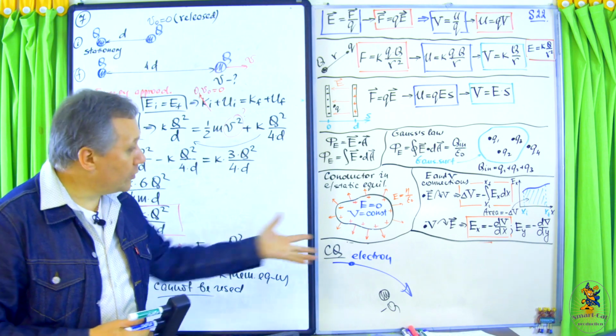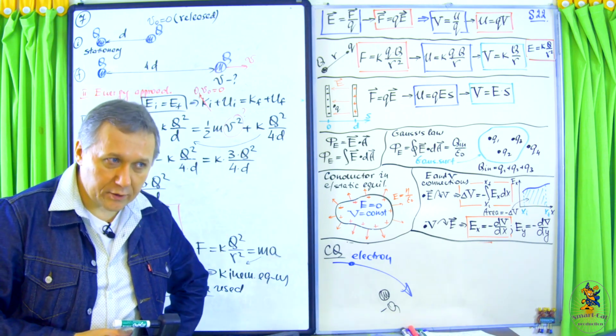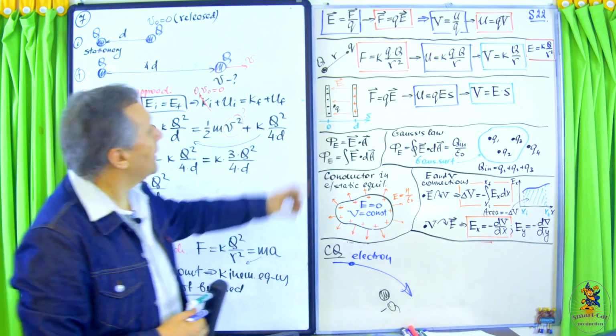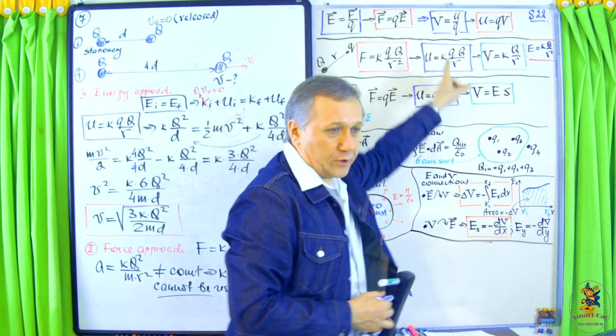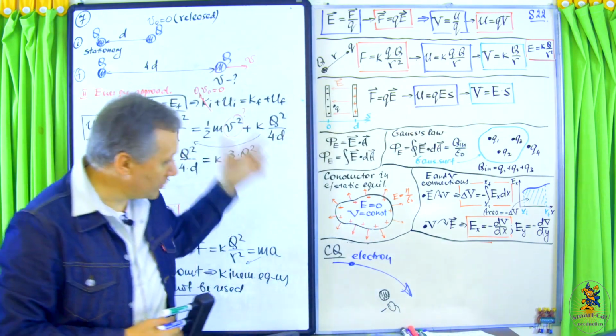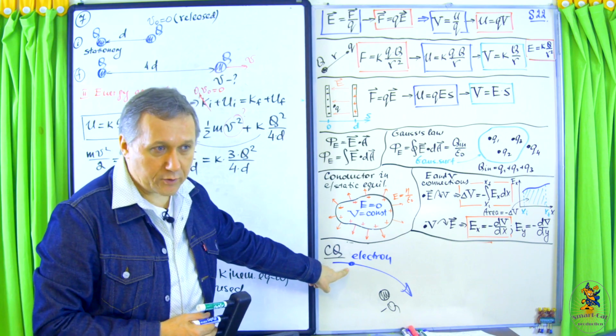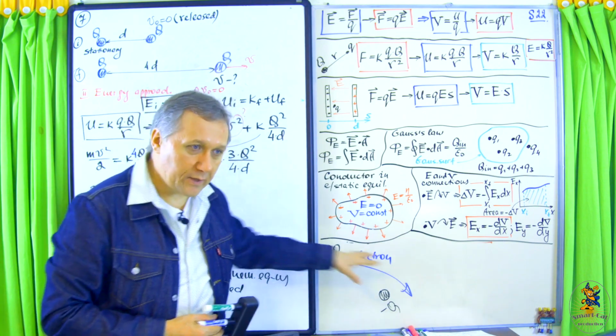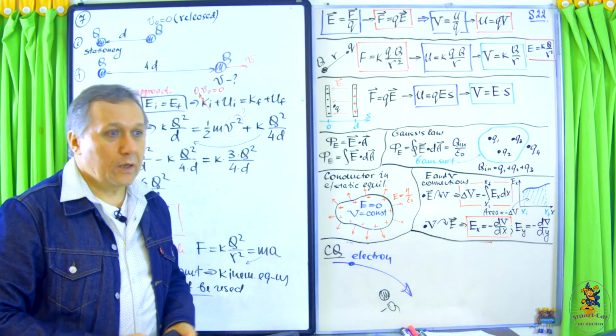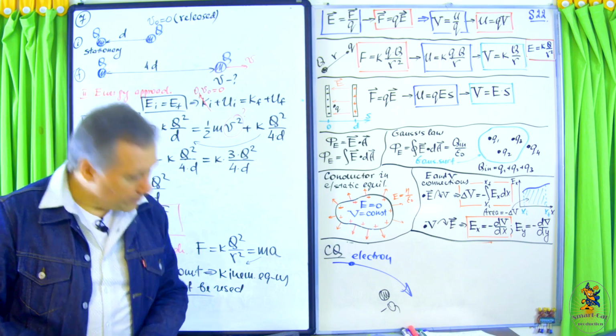And we need to answer the question, what happens with the potential energy? You remember, potential energy is an energy of interaction. You need to have at least two objects, and that's what we have: a first charged object and a second one. Of course, they interact, so of course we can talk about potential energy.